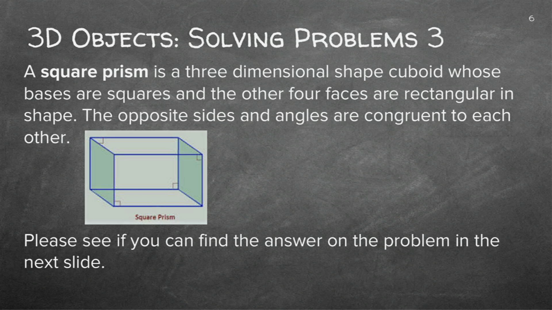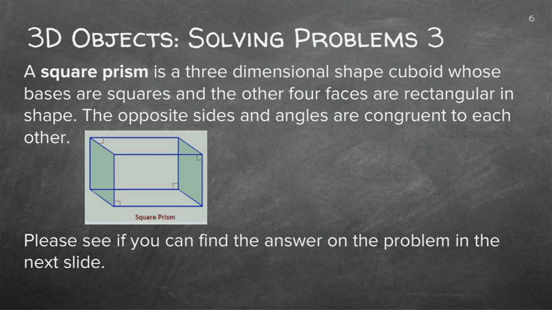So you see this is an exact square, so it means that all sides are the same. But the other faces, those ones in the front and the back, are rectangular shape. So the opposite sides and the angles are congruent to each other. So it's just a square prism because these 2 sides are exactly a square.